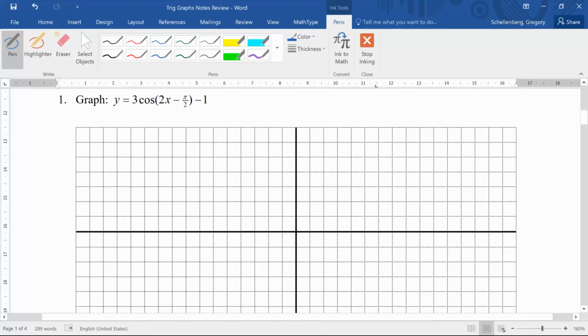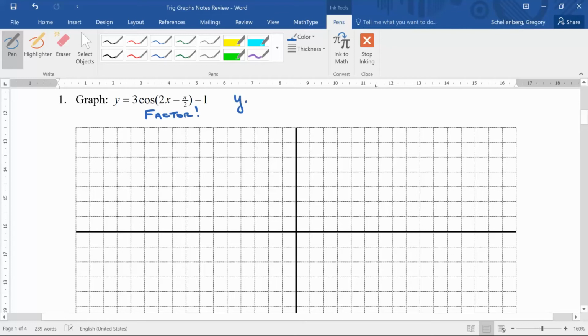We want to graph y is equal to 3 times the cosine of 2x minus pi over 2 minus 1. So the first thing I want to recognize is that this is not in factored form. And so our first step should be to factor it. So I'm going to factor a 2 out of the brackets.